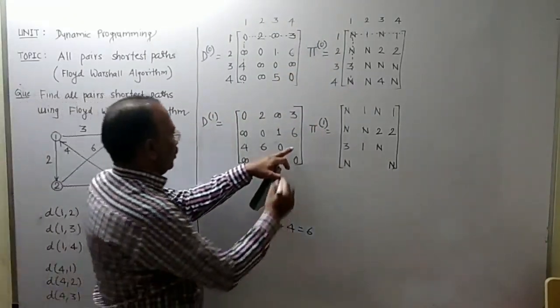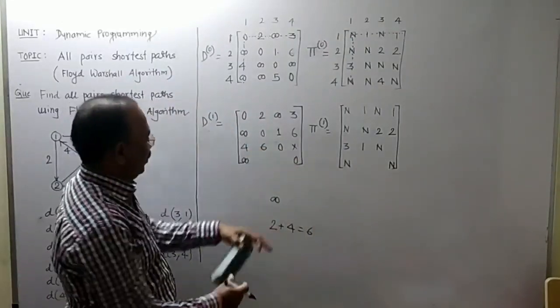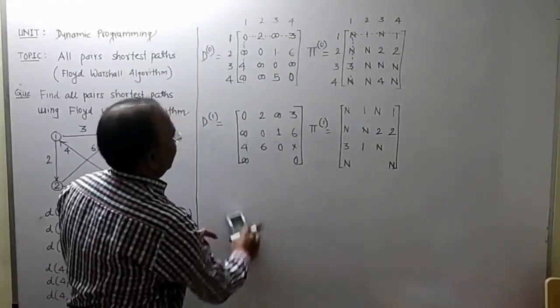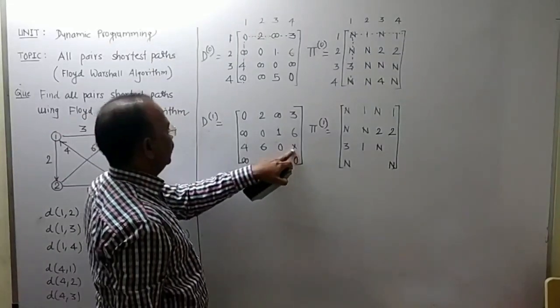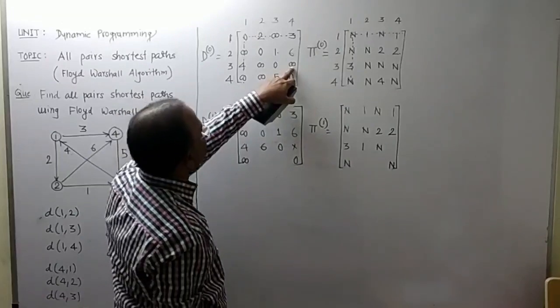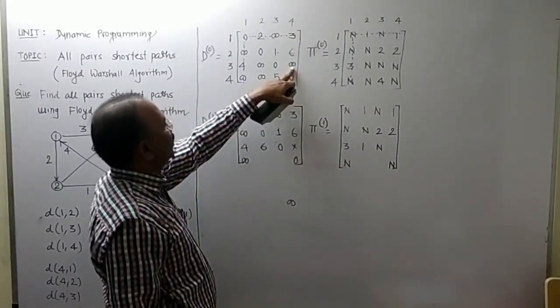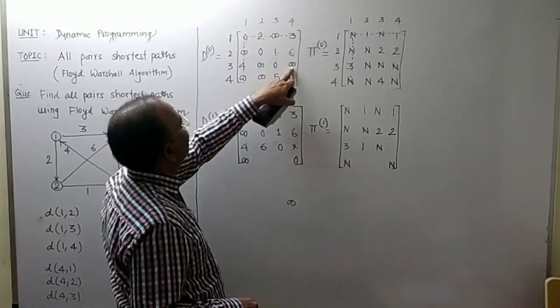Now then, for this place, let us see which value will come here. Find out the same place in D0, that is infinity. Means we have got the infinity. Then find out the next value.